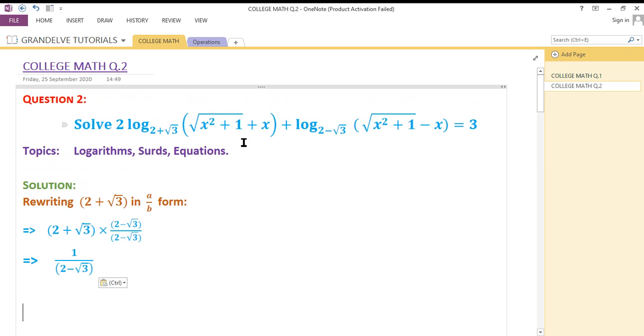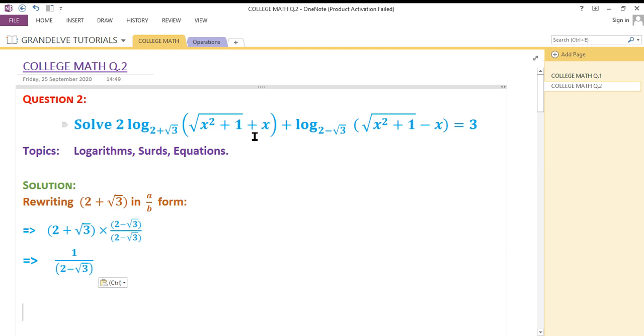Then consider the log expressions. For the first one, we have square root of x squared plus 1 plus x. And the second one is square root of x squared plus 1 minus x. You see, they are also not the same.